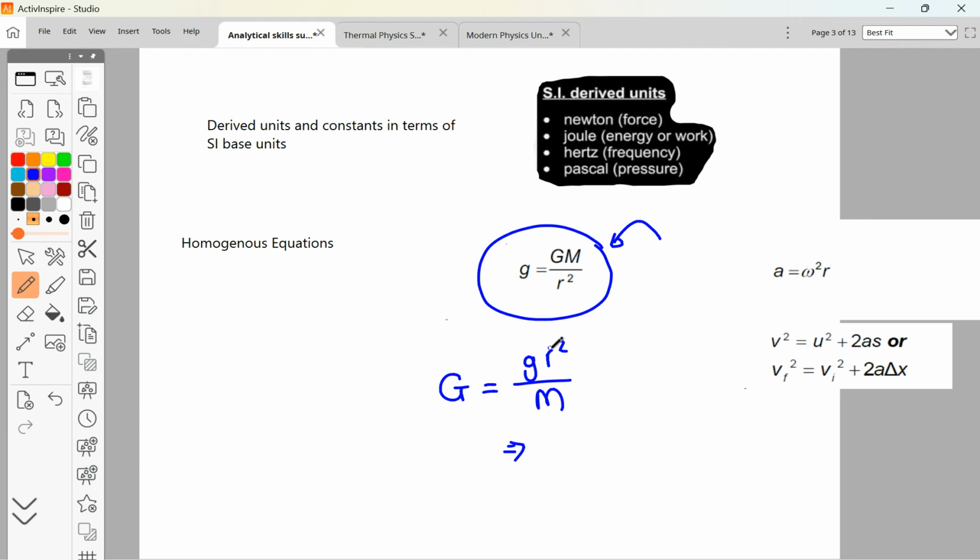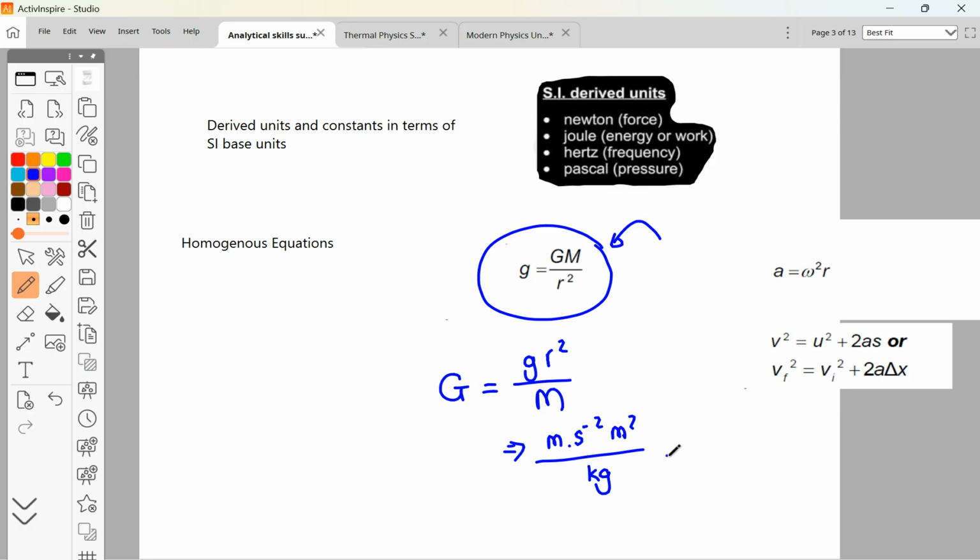And then again, changing it into base units, g is an acceleration, which is meters per second squared. R squared is meters squared, and then we've got a big mass at the bottom. Don't get your m's confused when it's mass or meters. That's also why it's good if you show when you're changing from quantities into units.